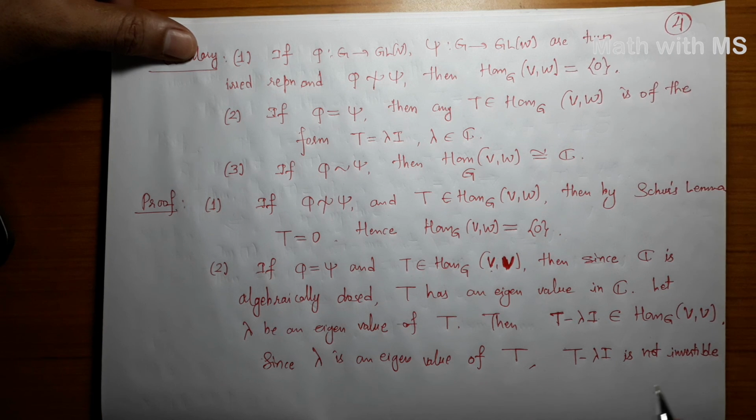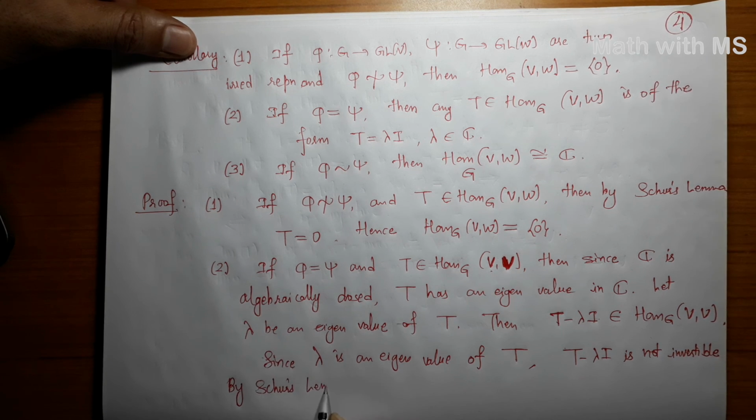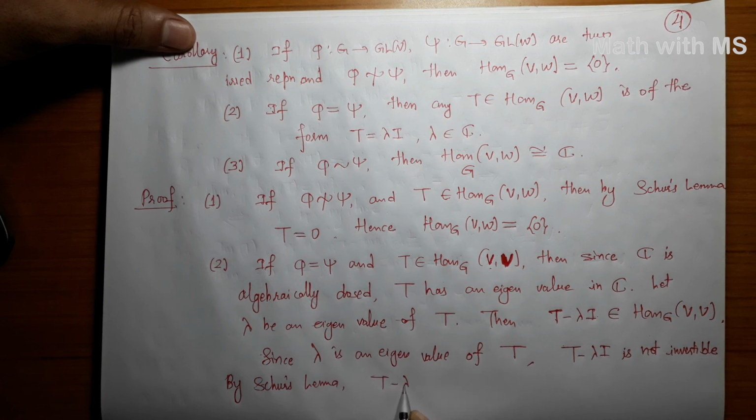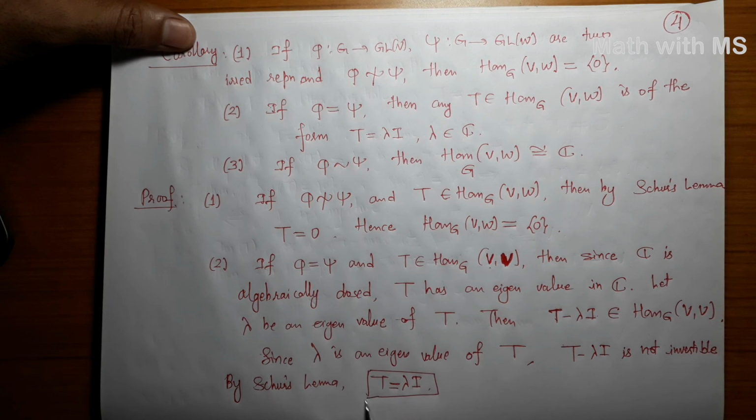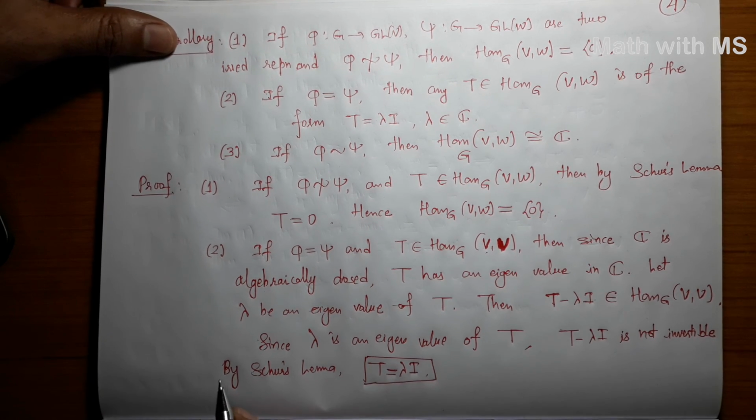But V is an irreducible representation, and you have a morphism from V to V which is not invertible, so it has to be 0. So by Schur's lemma, T minus lambda I has to be 0, that means T equals lambda I. So this proves our second assertion. And assertion number 3 is immediate.